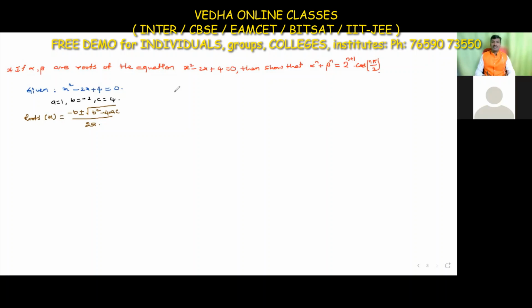By applying all these values, minus b is minus of minus 2, plus or minus under root of b square minus 4 into a value 1 and c value 4, whole divided by 2a. This equals 2 plus or minus under root of 4 minus 16, whole divided by 2.